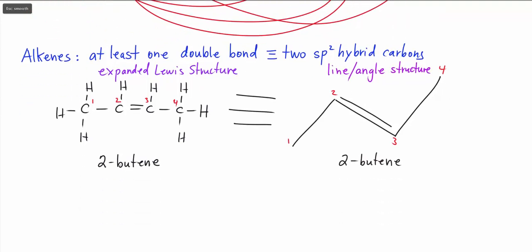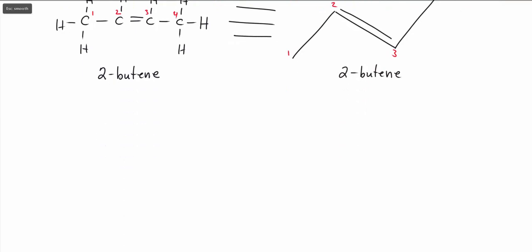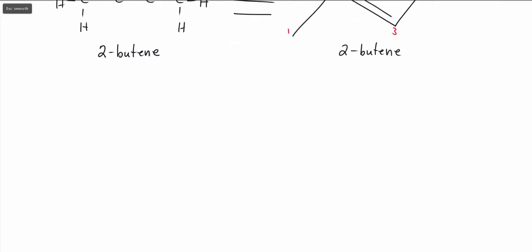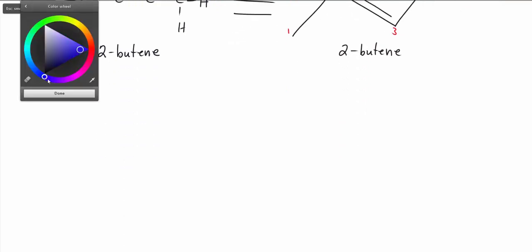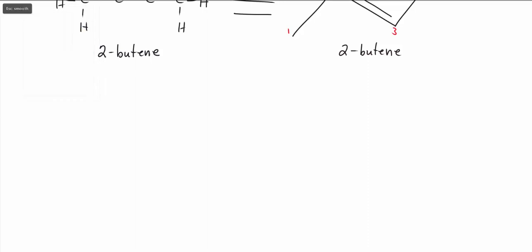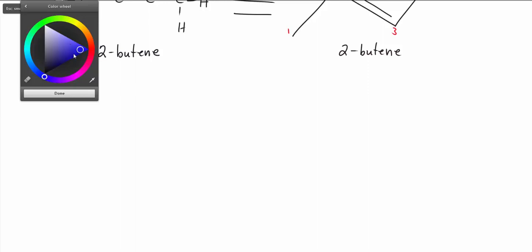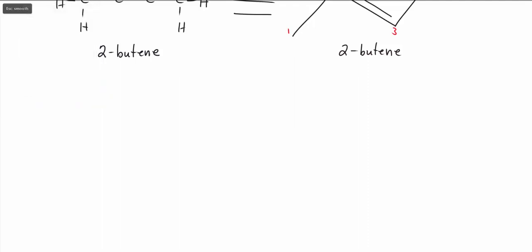Now, we have to be able to go back and forth between an expanded structure, a condensed structure, and a skeletal or line angle structure, whichever you want to call it. We did this in chapter 1, and this is a review of something that you already know.